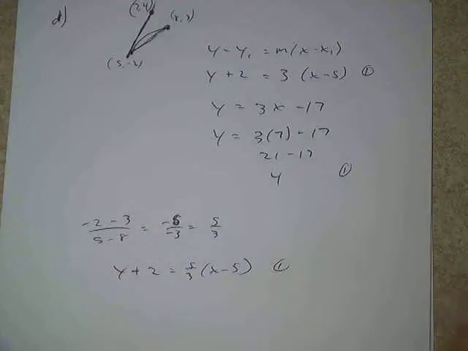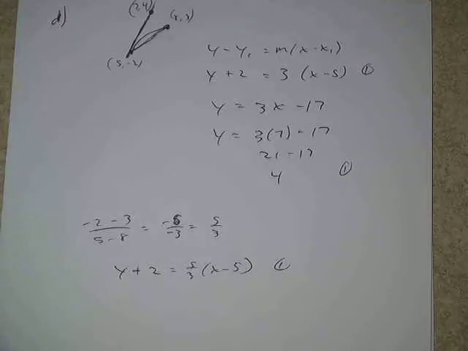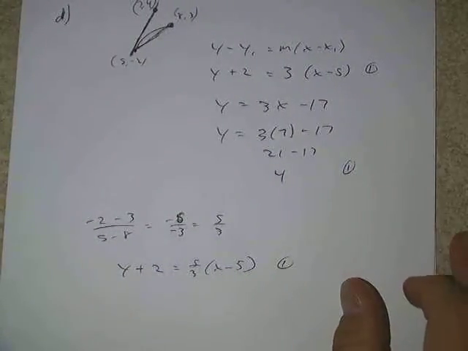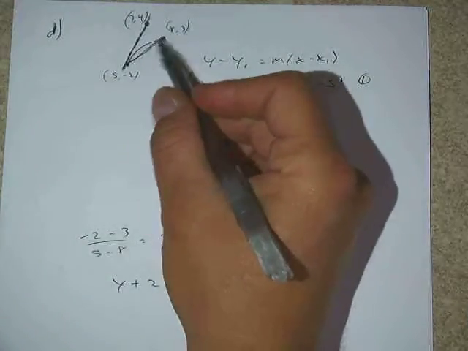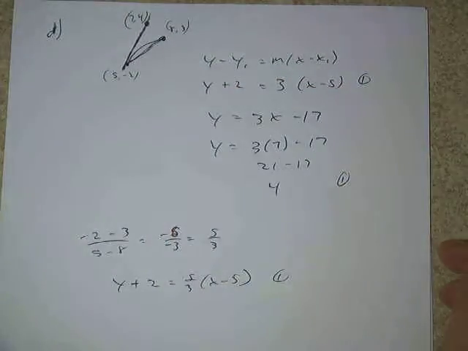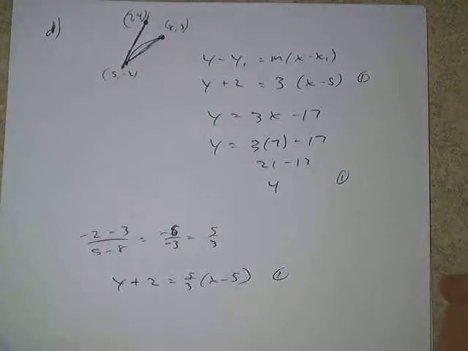And with that, we'd ultimately get, actually, not 6, 5 thirds. 5 thirds would be the slope of that secant line. The equation for the secant line, we could use those same points: y plus 2 equals 5 thirds times x minus 5. So there's your secant line, worth a point. You found the equation for it.